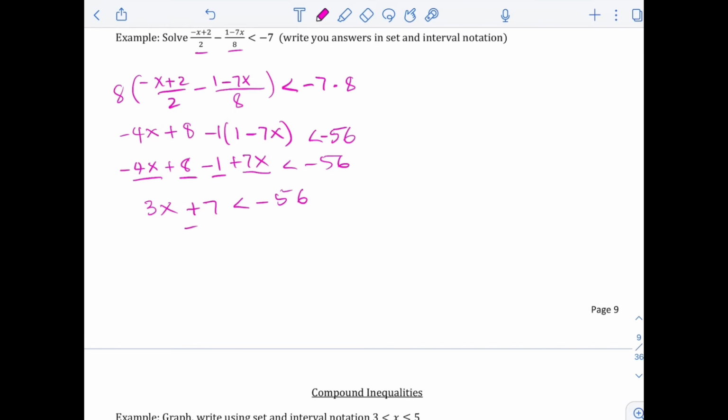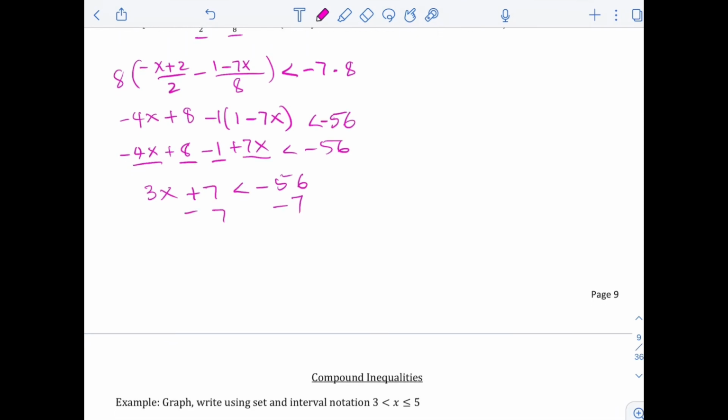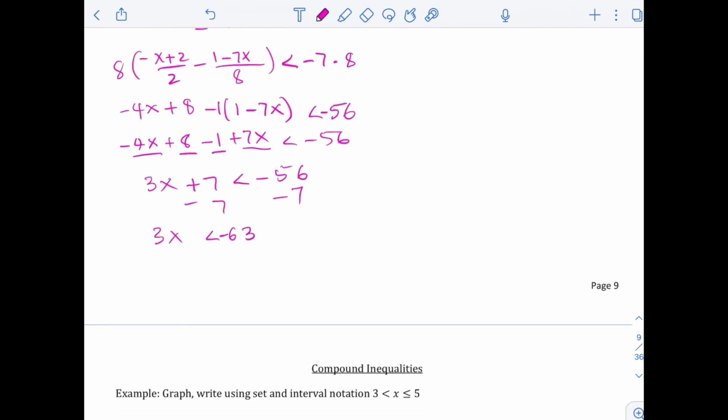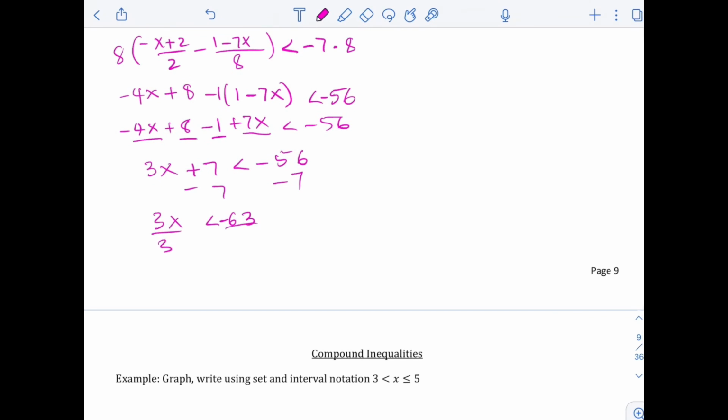We subtract 7 on both sides. That's 3x less than -63. And then we divide by 3 to get x less than -21.